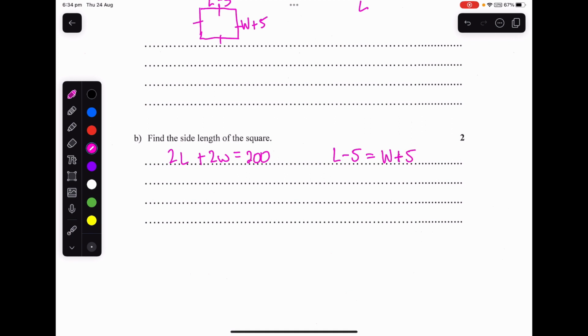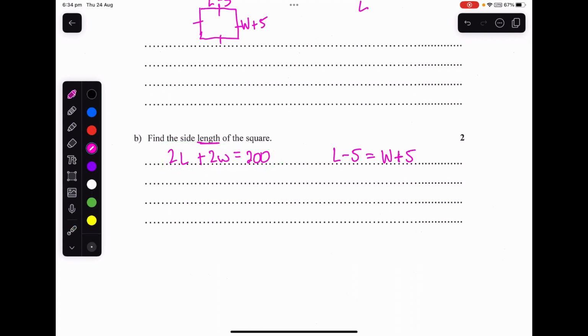Okay, and it wants me to find the length of the square. So the length of the square, remember that equals, we could use either of these. What I'm going to do is I'm going to rearrange this equation over here so that I can find the L or the W, and then I'm going to substitute it into this equation to find an answer.